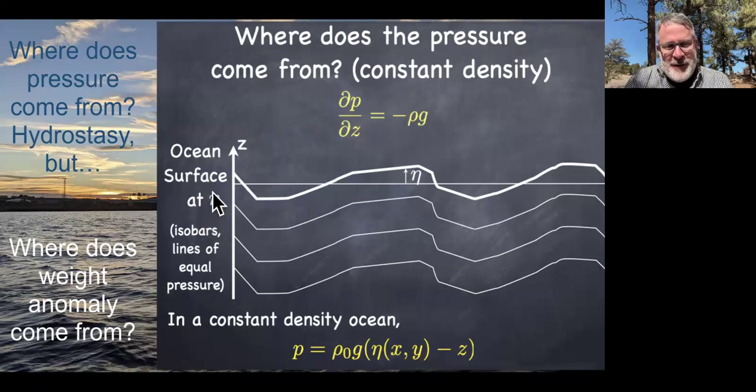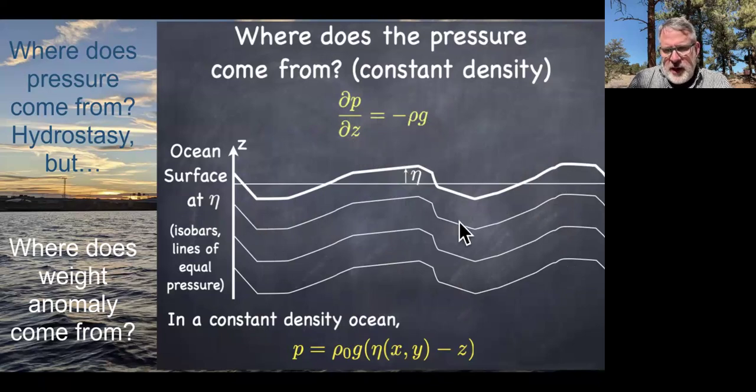But what I mean is the height of the ocean surface, like where we start that pressure accumulating as we go down from the atmospheric pressure, which we're taking to be 0. So dp/dz equals minus rho g. So if the density is constant, then this side of the equation is just a constant. So the pressure increases linearly from wherever it starts increasing, which is at the location of eta.